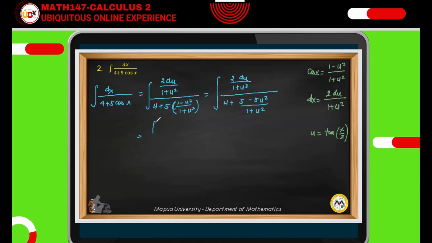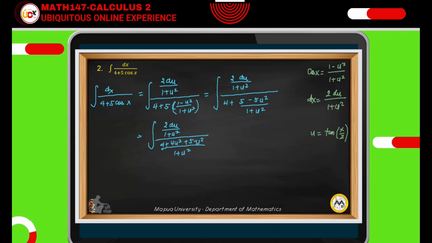Hence, we will have the integral of 2 times the differential of u over 1 plus u squared over, the common denominator 1 plus u squared. If we multiply 4 by 1 plus u squared, that gives us 4 plus 4u squared, then plus 5 minus 5u squared.